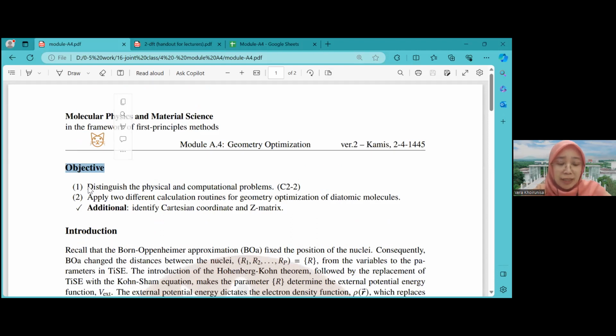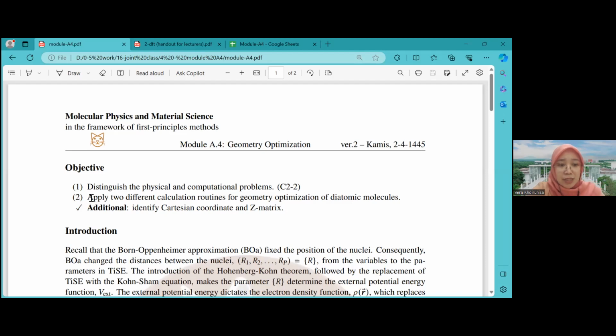The first is to distinguish the physical and computational problem. The cognitive level is C2 and the dimension is 2. I think all of you are already good at distinguishing the physical and computational problem because you already tried it in module 1 to module A3.